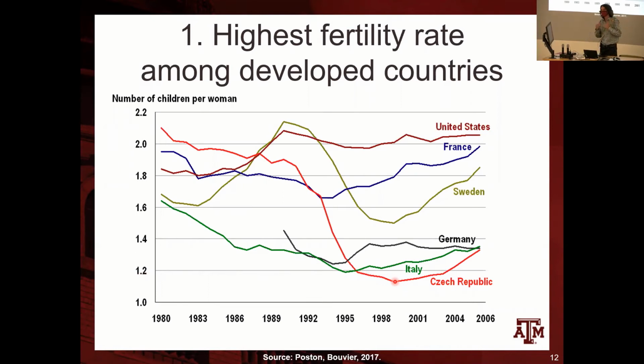But what some of these Eastern European countries are experiencing, and even in Italy as well, a more Western European country, is after they reach these really low levels, fertility starts to increase again. And that's related to what demographers call a postponement in fertility. It's pretty much a generation of women. They try to invest more in their education and jobs.